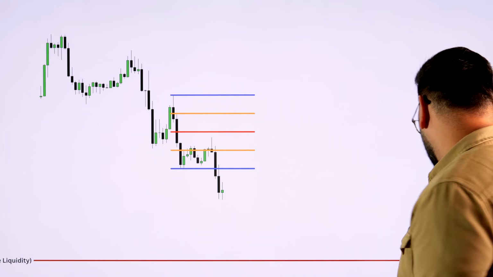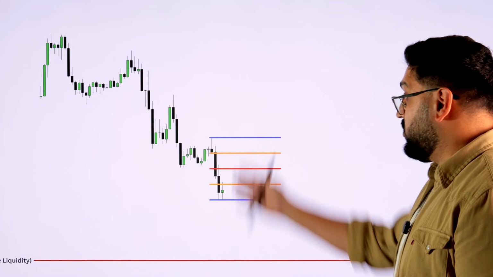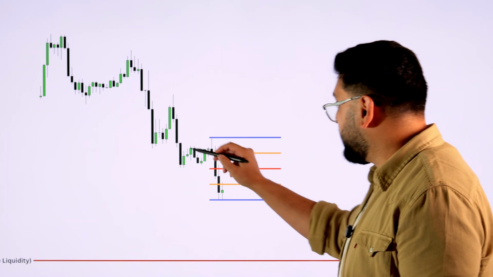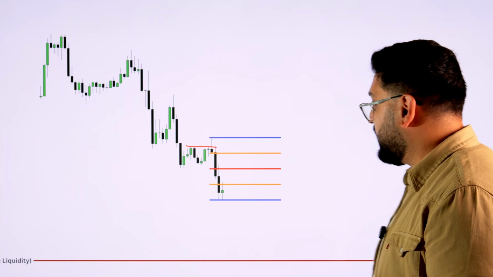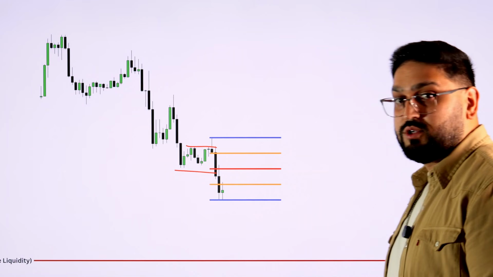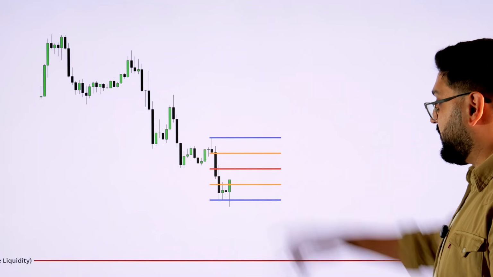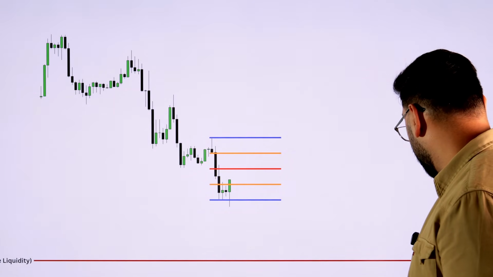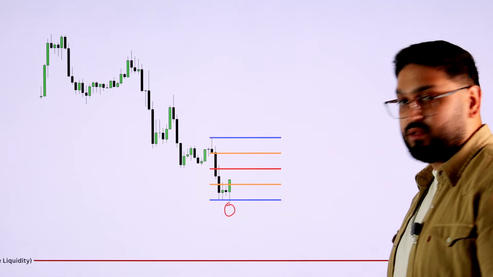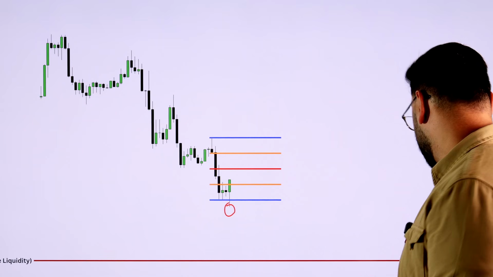Now, we see the market roll over, and we form a new dealing range because we've seen price run above the short-term high and then sweep below the short-term low. Now, watch what happens here. The market runs higher, but before doing so, we create another swing low here. So what do we do?